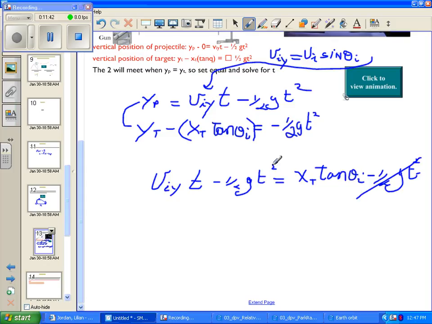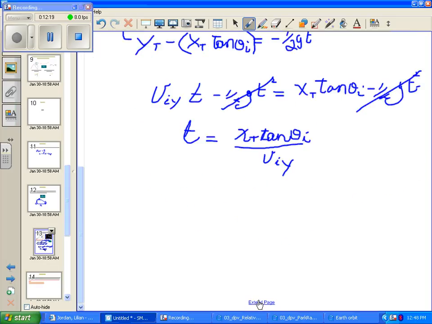This term will be canceled by that term, and so t, the time when they will both meet, or how long it actually takes, depends on how far away horizontally the projectile is from the monkey, times the tangent of the angle of launch divided by the initial velocity of the projectile. And if we had numbers, we would just plug these in and obtain a value for t.